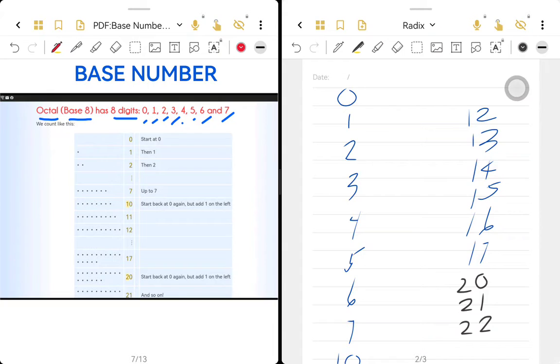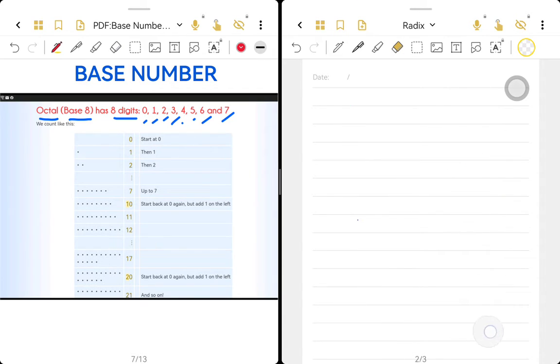Okay, so to learn further, let us try to visualize numbers from 0 until 20. Okay, we have 0 until 20, and then I will give you some exercise to practice.